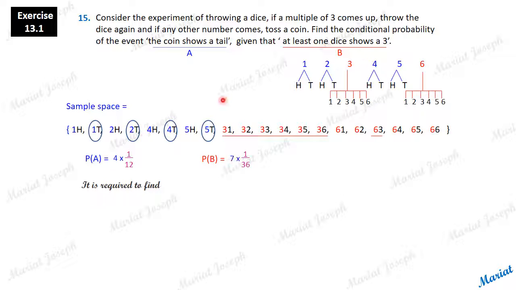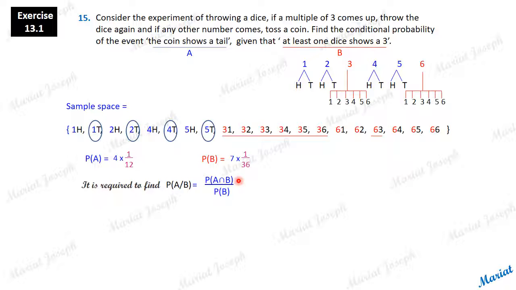But we are expected to find the conditional probability of event A given event B. So what we need to find is probability of A given B. Let's go by the formula. Probability of A given B is probability of A intersection B upon probability of B. We have the probability of B as 7 upon 36. But what do we mean by the probability of A intersection B? The probability of both of the events happening simultaneously, the common elements.